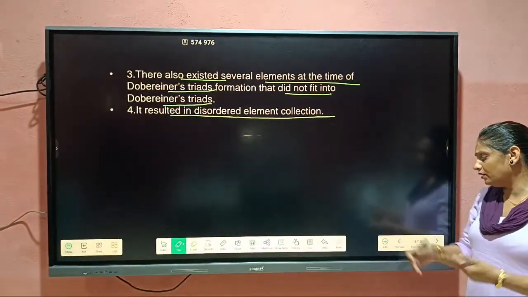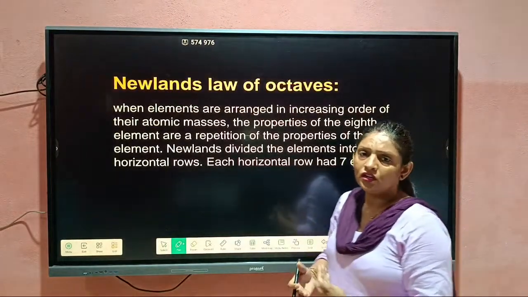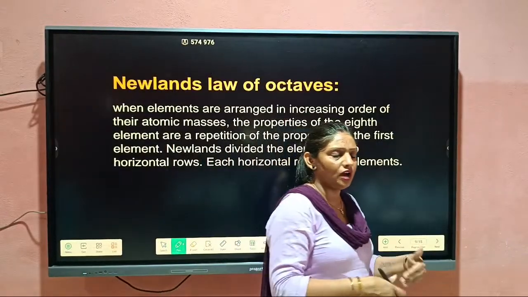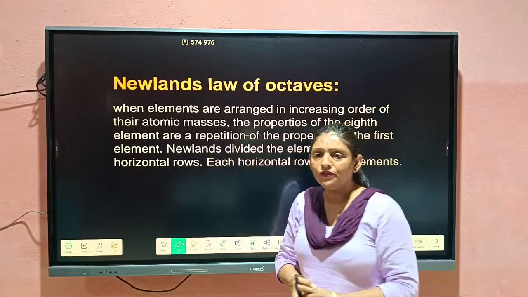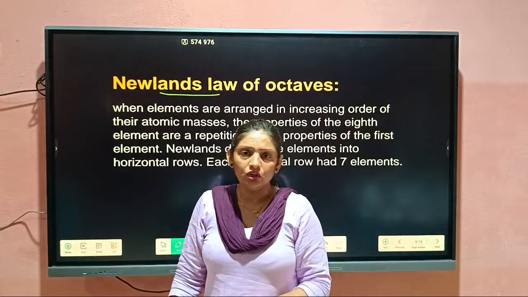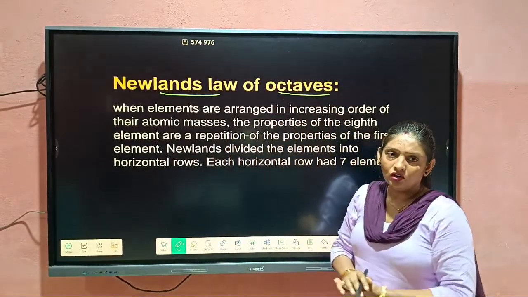Then some other scientists also gave their views about the table, about the classification, about the arrangement of the elements. And one of them was Newland. Newland gave the law of octaves.